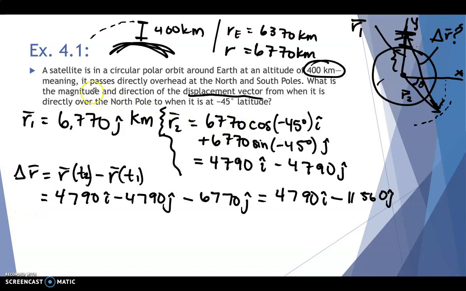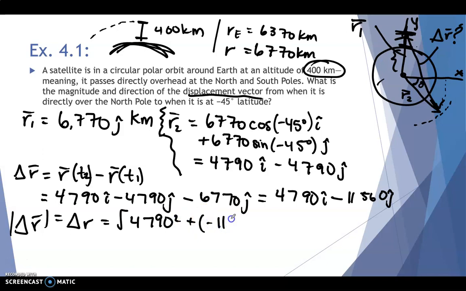Now we wanted to know the magnitude of this. So our magnitude is going to be the square root of 4,790 squared plus negative 11,560 squared.